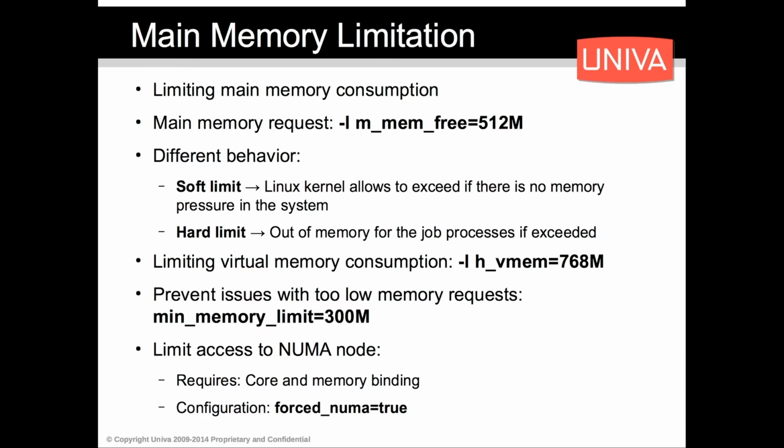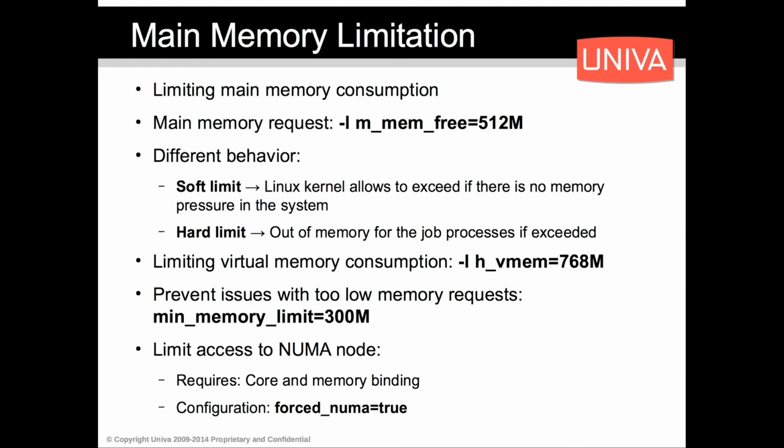That means there is free memory in the operating system available. If now more processes are started from other cgroups or outside of the cgroups, then a memory pressure is in the system and the operating system, so the Linux kernel, forces the job to swap out the main memory into virtual memory.